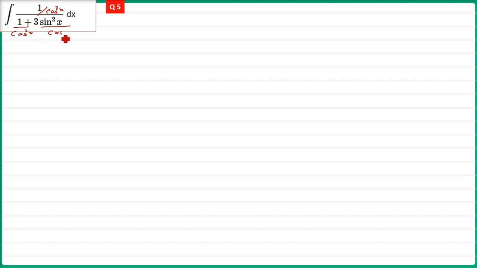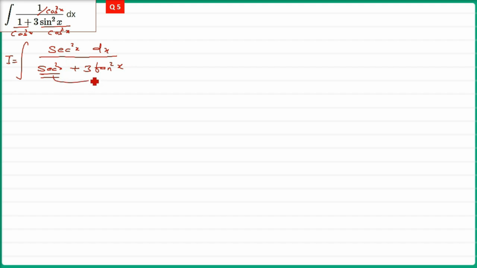Sometimes we divide the whole denominator by cos square x, sometimes we divide every element. So 1 by cos square x is sec square x, dx is already there. In the denominator we have 1 by cos square x is sec square x. 3 sin square x by cos square x, sin by cos is tan, so it would be tan square x. Integration here, and this needs to be integrated. Now we already know that whenever we place tan x equals t, we are going to directly get the sec square x.